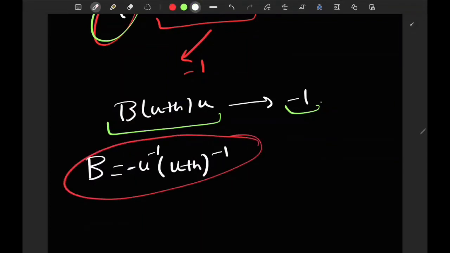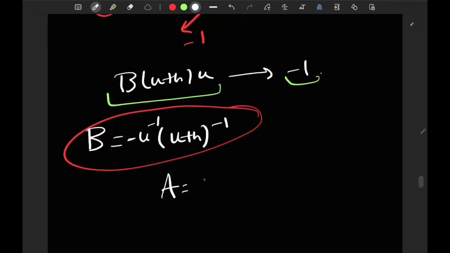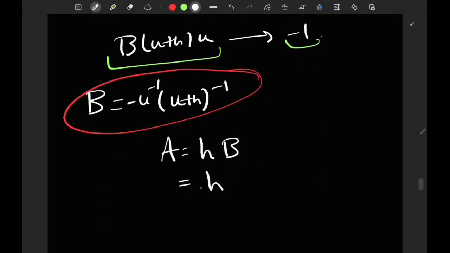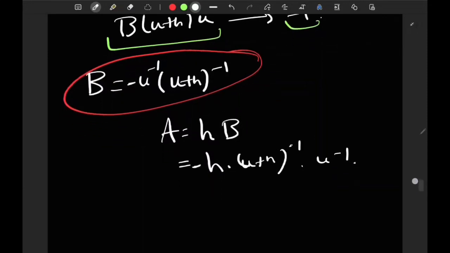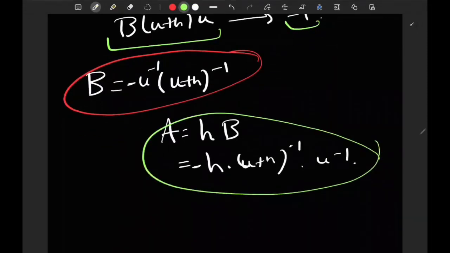And so a, which I started with and said there's an h, which is h times b, should have a minus sign, and h, a u plus h inverse, and a u inverse. This is a very close form to what we have here.